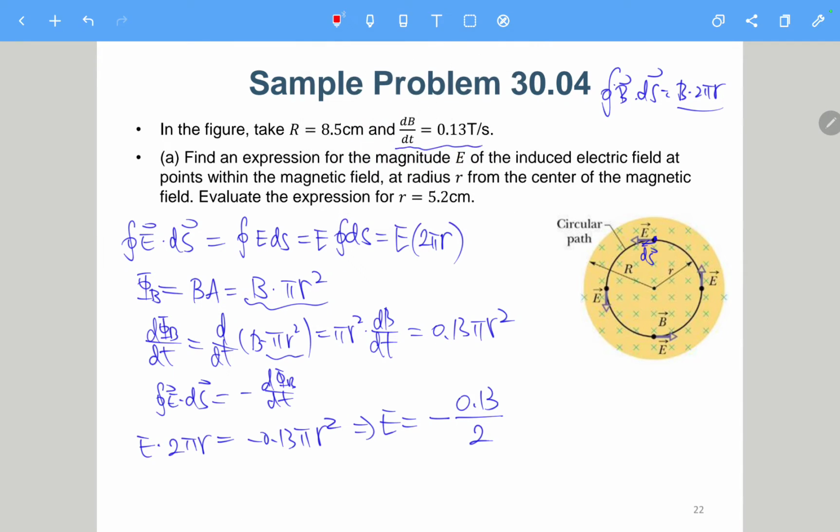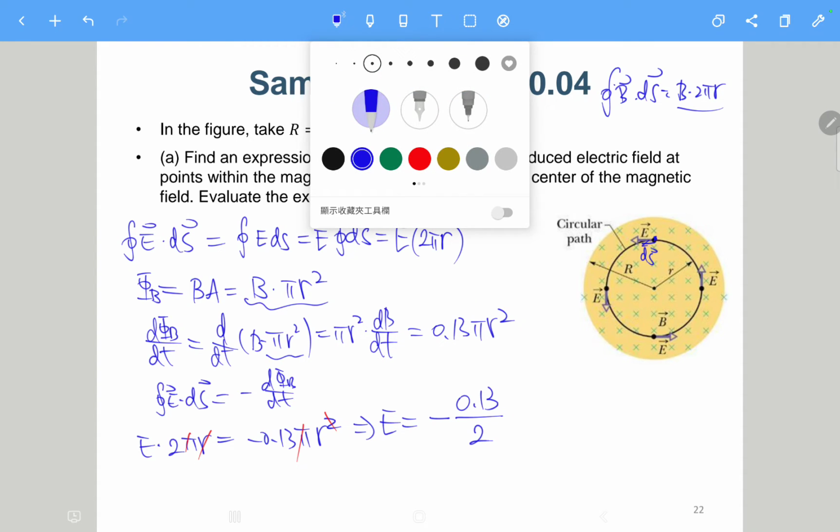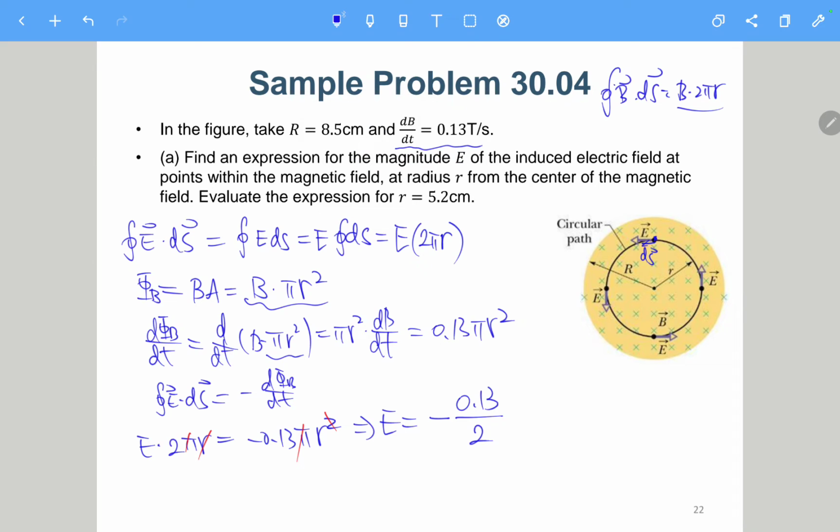Yeah, we can actually cancel pi and pi here, this r with this r. So finally, we only get r. Okay, or maybe we can just have E, the absolute value of E, which is the magnitude, as 0.13 over 2 times r.